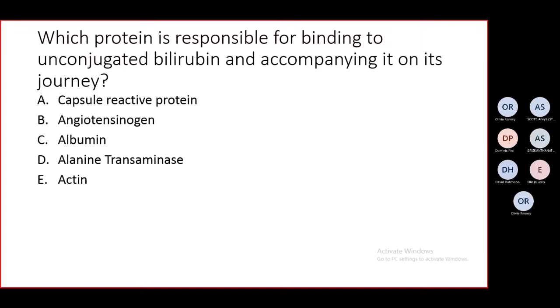It just depends on which one is going to be the bouncer. Yes, albumin, our lovely protein made by the liver that has lots of functions. Albumin accompanies our unconjugated bilirubin to the liver, escorts it out of the club to the gate, and says, you need to sober up, my friend, and get conjugated.